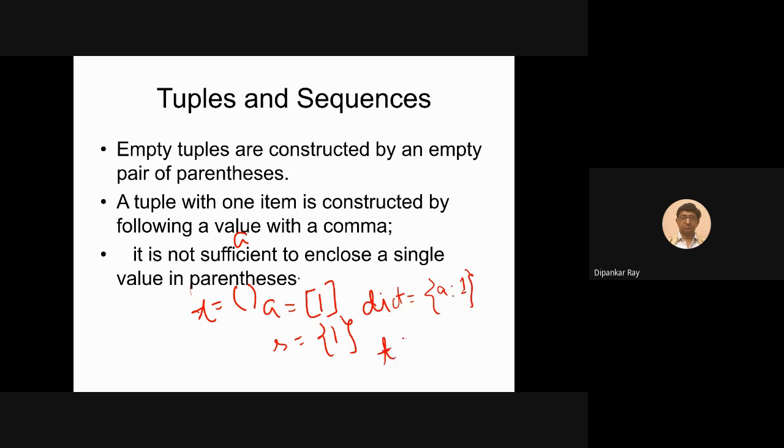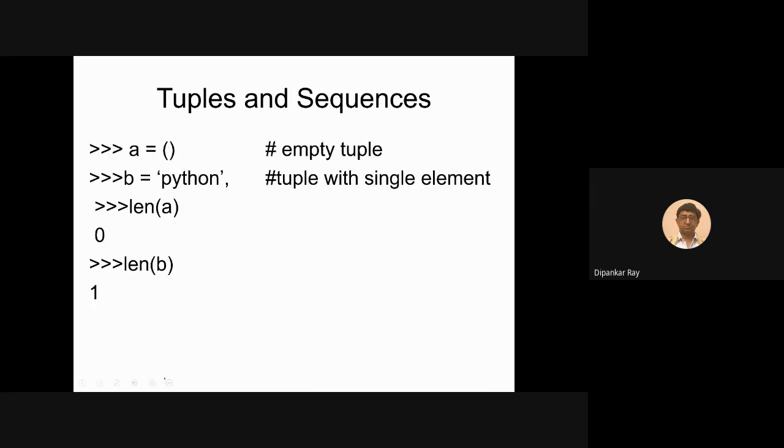Tuple is equal to 5, comma. A tuple with one item is constructed by following a value with a comma. That comma is a must to have a tuple with only one element. This is a tuple with a single element.